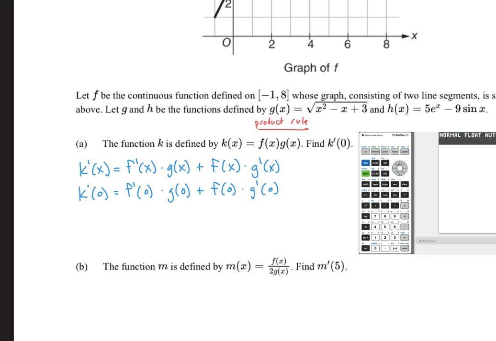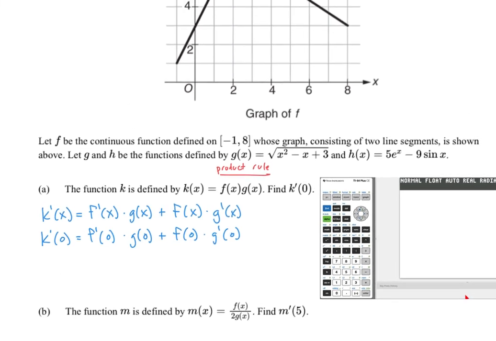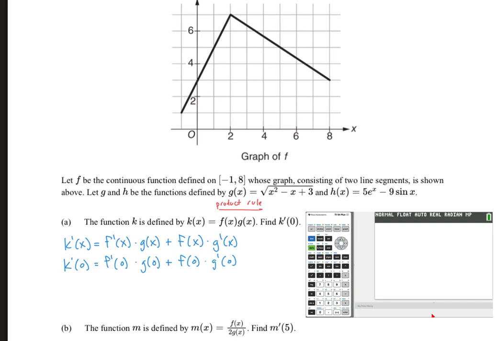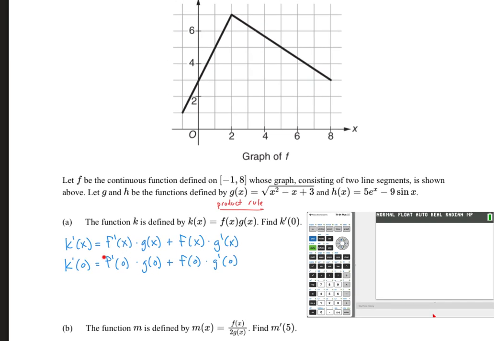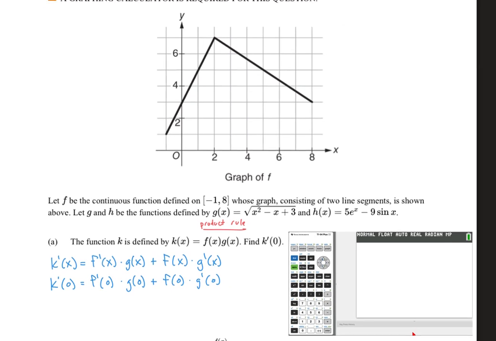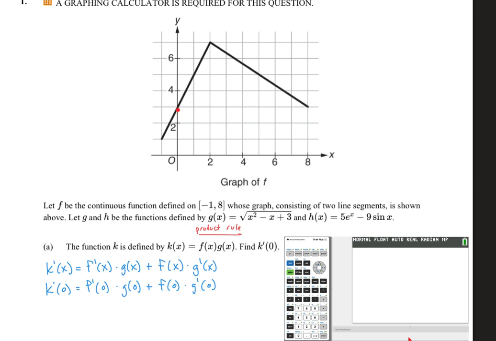Okay, since the only thing we know about f is from this graph, in order to evaluate these two, f prime of 0 and f of 0, we'll have to look at the graph. So f prime of 0 is the slope of f at x equals 0. So they want the slope at this point.